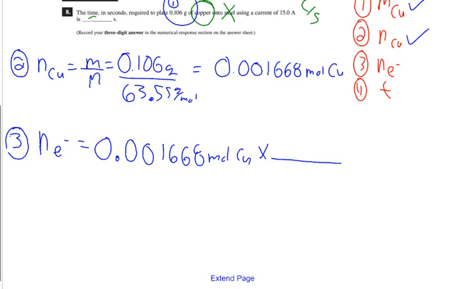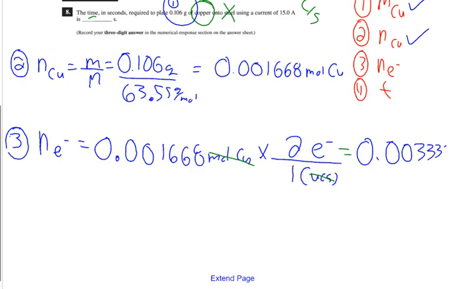I want to get rid of moles of copper, and our half reaction tells us there's 1 copper solid for every 2 electrons. So this helps us set up our ratio correctly, and it cancels the species, and we're left with our moles of electrons. So they're just doubled, the electron moles relative to the copper moles.